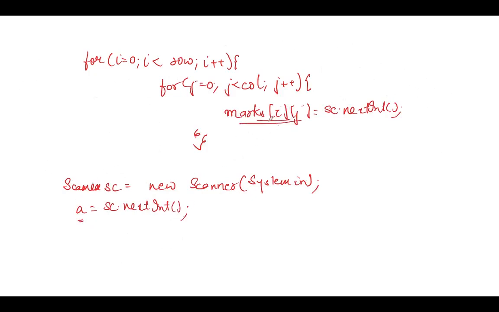As the values of i and j keep on changing, let's say initially my i is 0 and j is 0, and I give input as 1, so this will go here. When my j becomes 1, let's say I give the input as 2, then this place gets the value 2, and then we give 3, 4, 5, 6. So each cell gets its own input. That's how we take input in a 2D array.